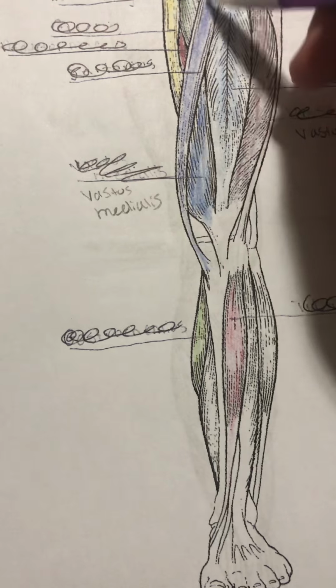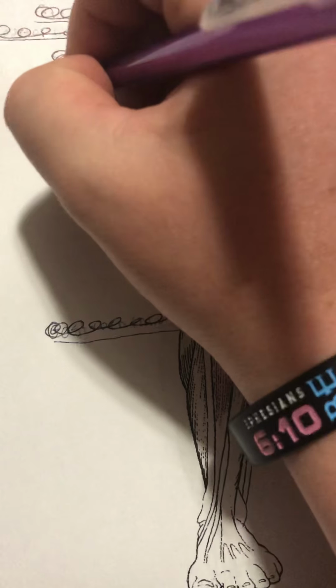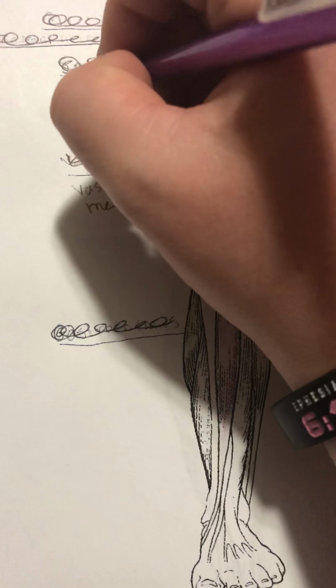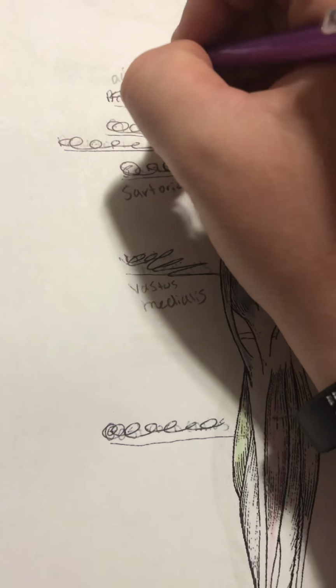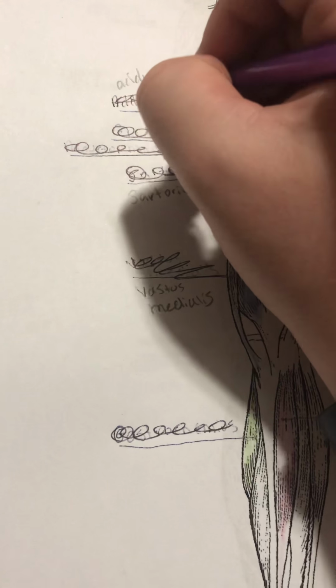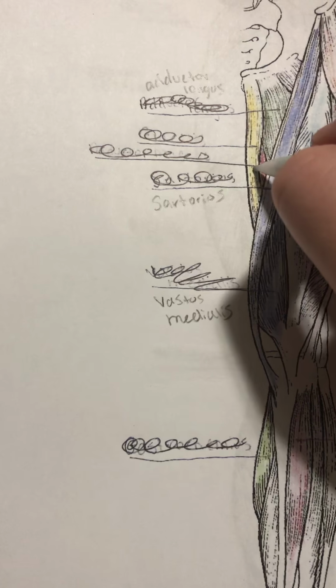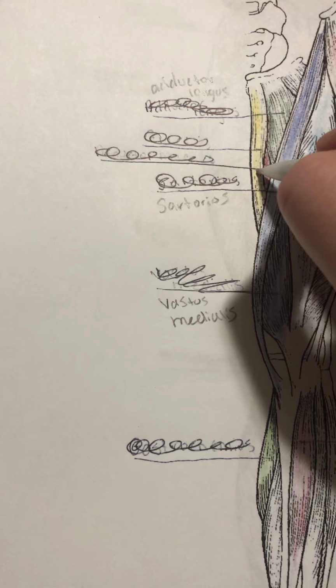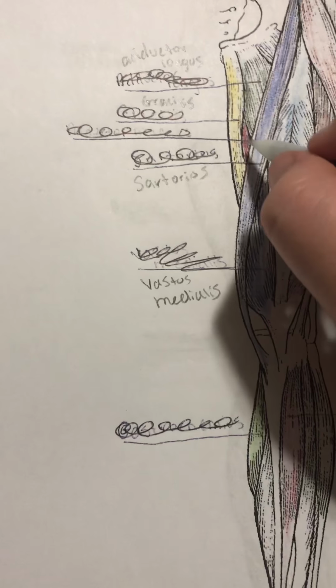The long muscle right here is the longest muscle of the leg. It is the sartorius. The green is the adductor longus. The yellow is the gracilis. And I'm sorry, I'm still trying to learn how to pronounce these words.